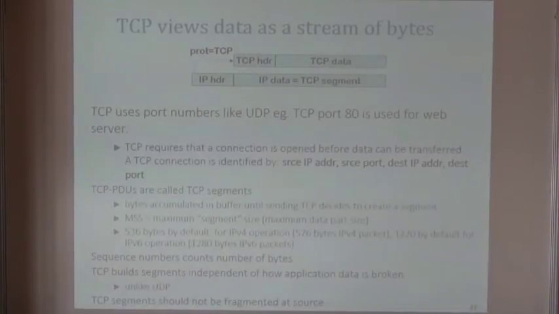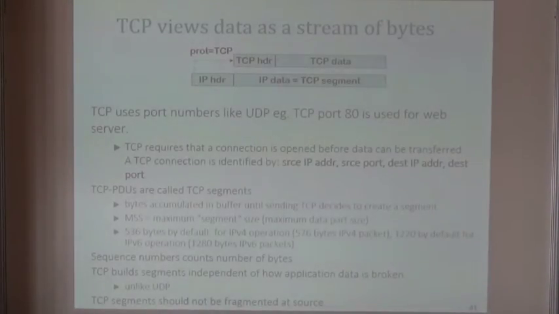We have seen repeatedly in the examples that TCP builds segments independent of how the application makes it. You can have an application that writes 2 bytes, 5 bytes, 7 bytes, and TCP will send a segment of 12 bytes. We have seen that fragmentation may occur sometimes with UDP.